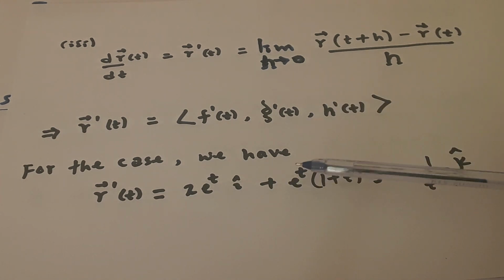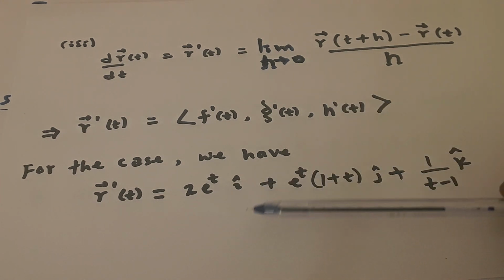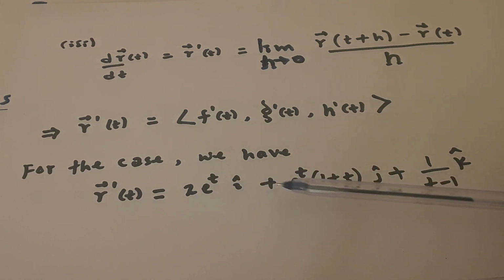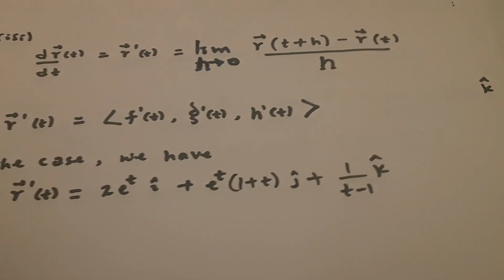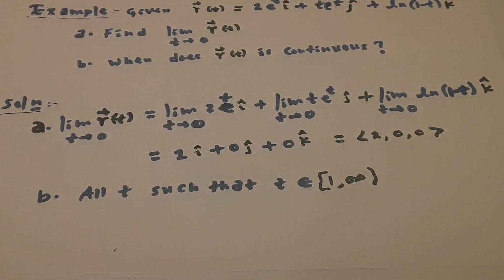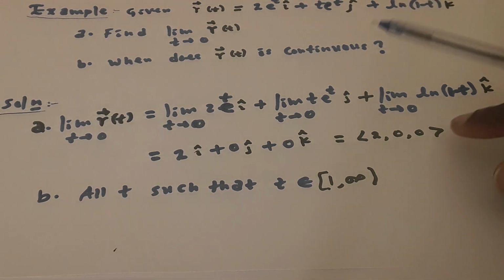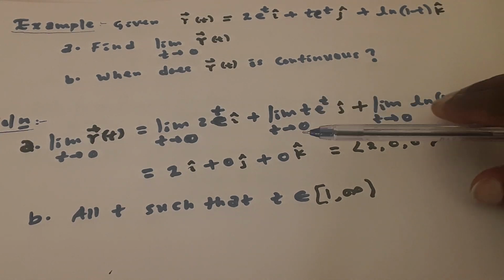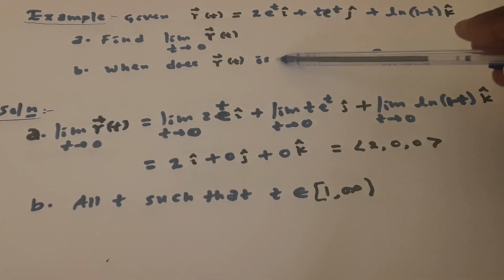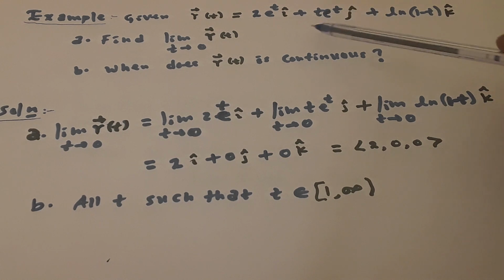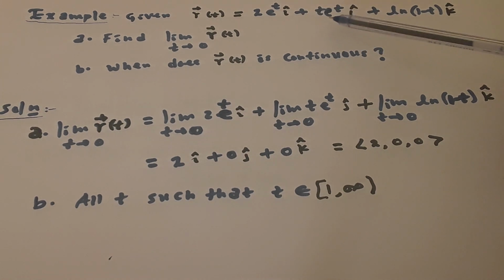In the previous case, we have r'(t) by differentiating the function. The differentiation of 2e^t is 2e^t. Again, the differentiation of t e^t is 1 times e^t plus t e^t using the product rule.